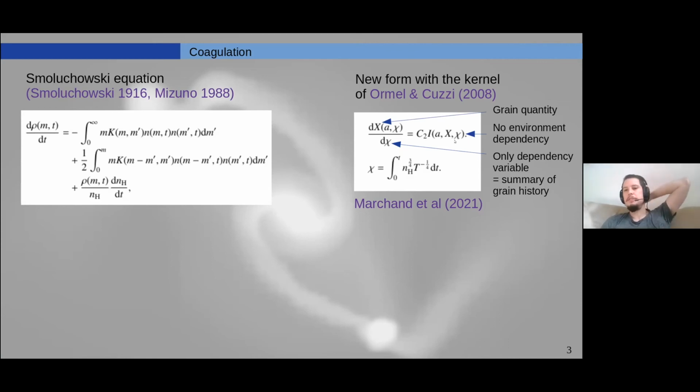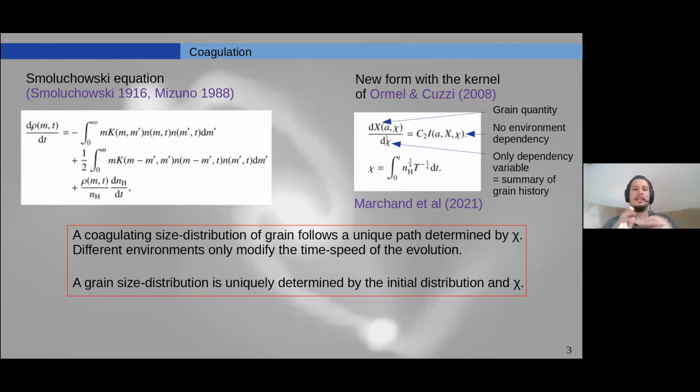On the other side, you don't have any dependency on the environment, just a dependency on the grain variable, its mass or size. What it means is that this variable, which we call chi, is the only variable determining the evolution of the grain size distribution. Another way to say this is that the coagulating size distribution will follow a unique path that's determined by chi.